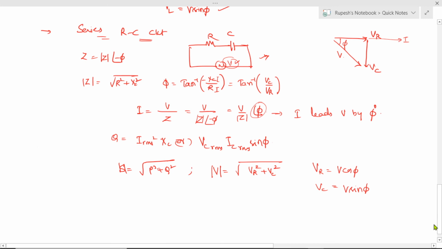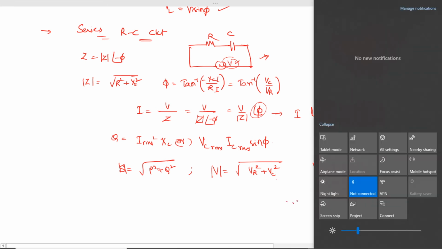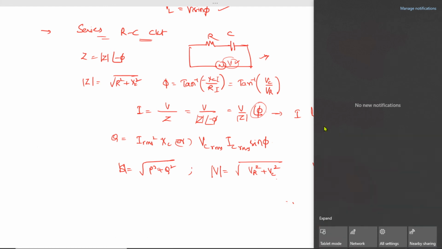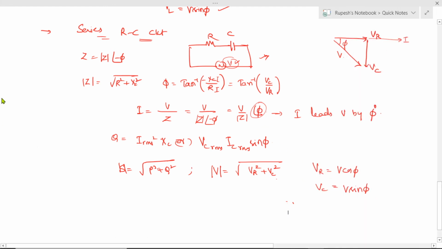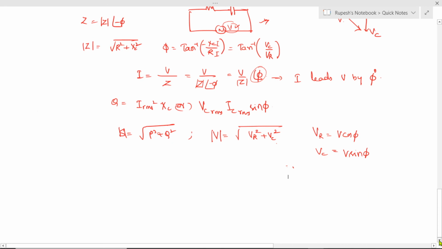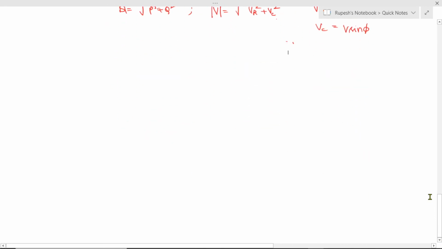Next circuit is the series LC circuit. The series is like this.